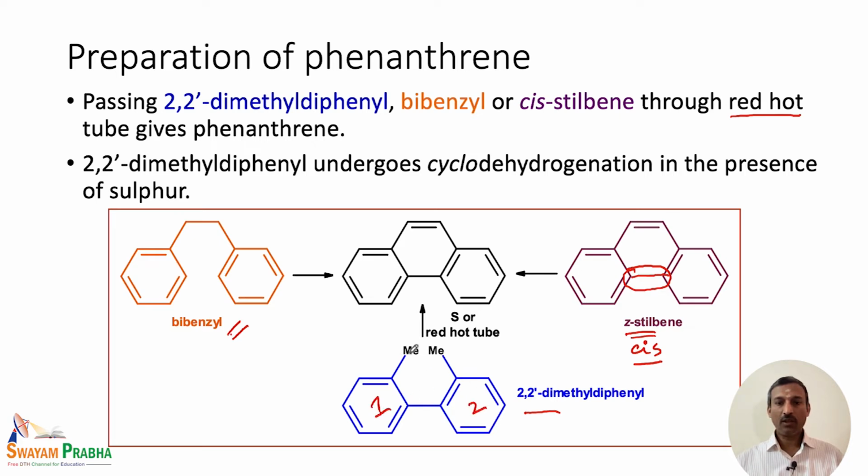One, two rings are there. The third ring is formed from two carbon atoms which are attached in the ortho position. By that we can also conclude that this angular fusion leads to the final product. So this 2,2'-dimethyl diphenyl, when treated with sulfur or a red hot tube, in both conditions the cyclodehydrogenation leads to the final product, that is, phenanthrene is formed.